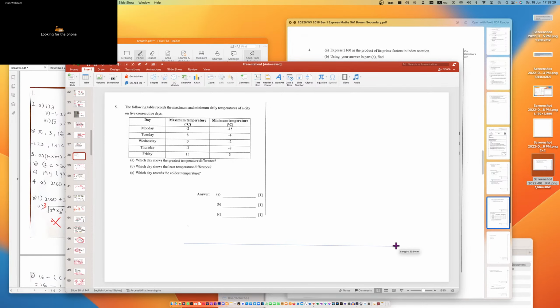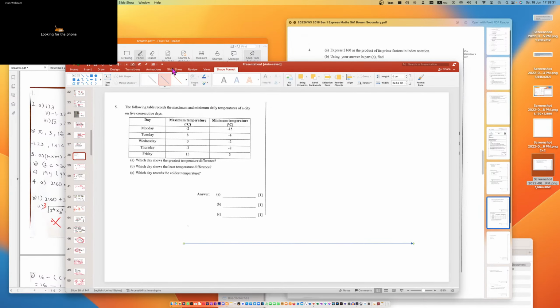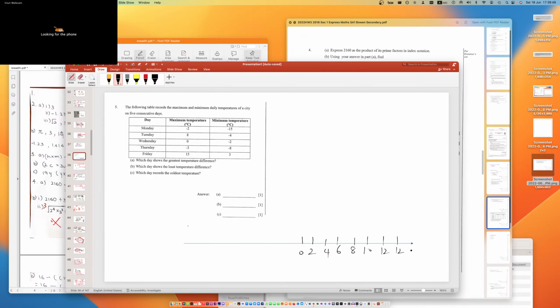Yeah, I know. With the number line, you have 0, 1, 2, 3. Actually, you don't have to write so many numbers because it wastes time. Let me suggest you just jump 2, 4, 6, 8, 10, 12, 14, 16. Okay, roughly correct.